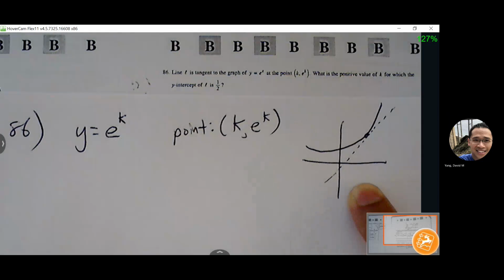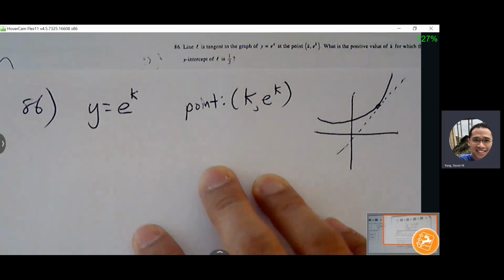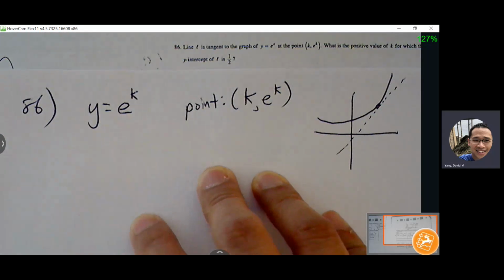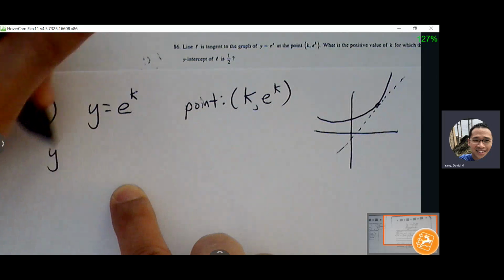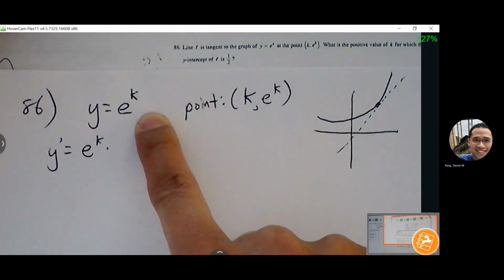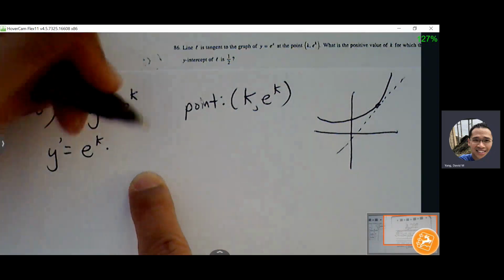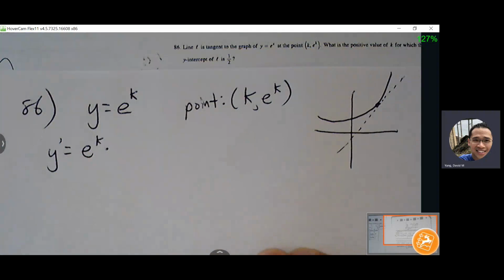So let's build our tangent equation. We have the ordered pair here. To find the slope, we need to find the derivative. Y prime is equal to e to the k times what's k's derivative going to be?